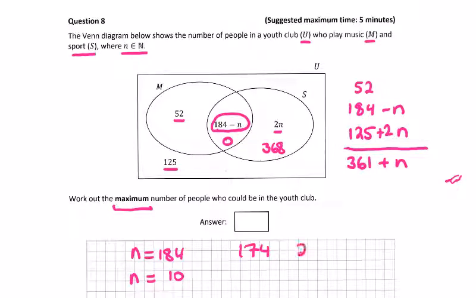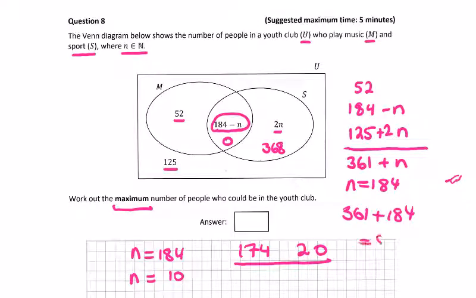And we're going to get 20 over here, which you should see immediately is only 194, and we have 368 the previous time. So any number for n, it looks like, other than 0, is going to bring it way down. So the answer here is going to be n is equal to 184. I think to max it out. So that's going to be 361 plus 184 is equal to 545.